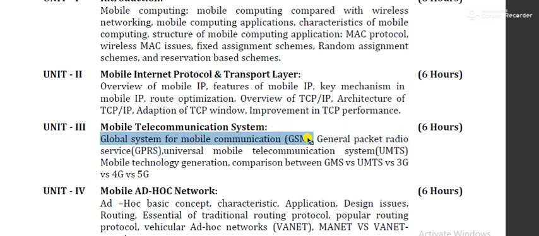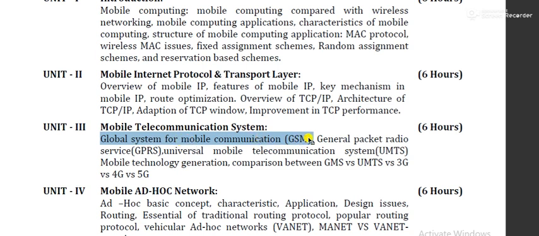Like in day to day life, we are using the same thing for calls, and based on the technology upgrades, GSM has also adapted itself.